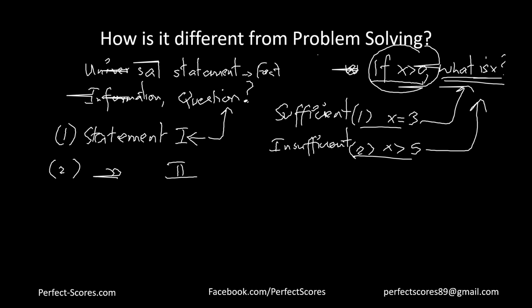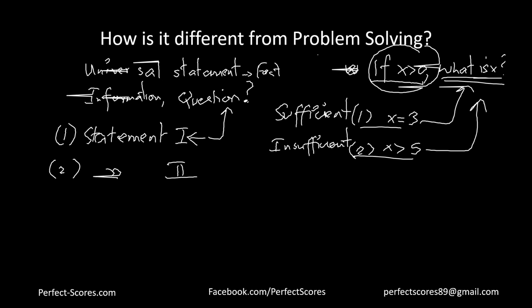There is no such thing that you get more data sufficiency or more problem solving. It's going to be completely random for you. But you will not get more than 60% data sufficiency or less than 40% data sufficiency. So irrespective of how you are solving it, right or wrong, you'll still get 50-50 or something like that. Yeah, it will tend to 50-50.